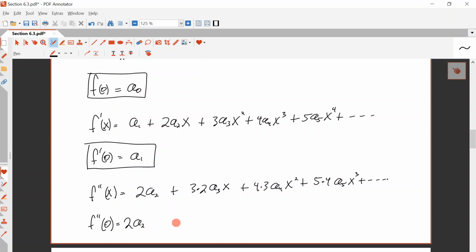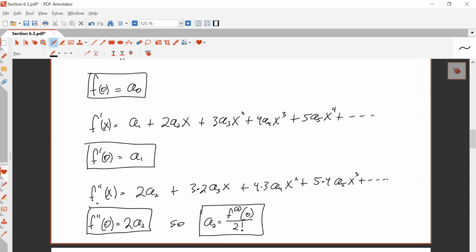So a2 is equal to the second derivative of f at 0 over 2. Well, 2 is the same as 2 factorial. Same thing here, a1 is equal to the first derivative of f at 0 over 1 factorial, which is just 1.